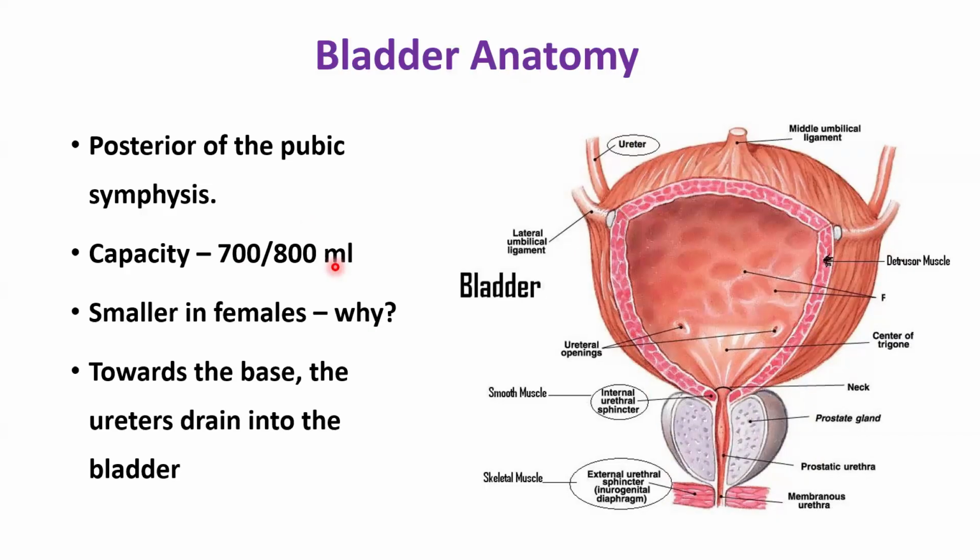It is smaller in females, and that's something I'd like you to go and check on. Why is the bladder in females smaller? Or maybe talk about its anatomy. And then towards the base, at this point, here is where you'll find the urethral openings.